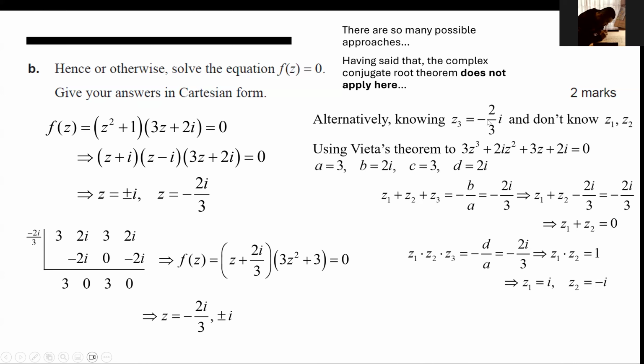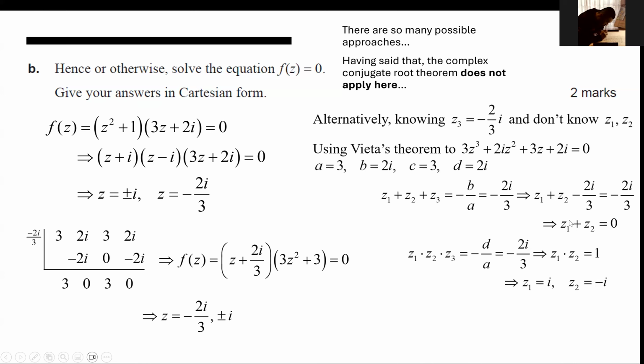And z3 equals minus 2i over 3 is something we obtained in part A. The sum of the solutions will be negative B divided by A. So z1 plus z2 plus z3 equals minus 2i over 3, and one of them must be minus 2i over 3.